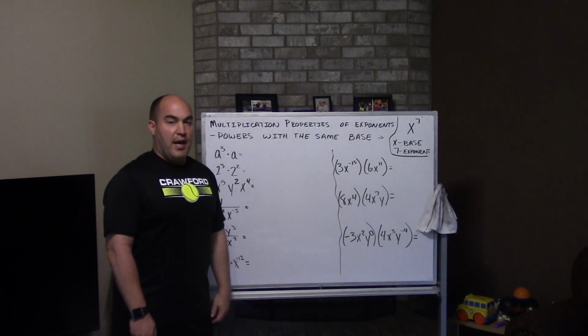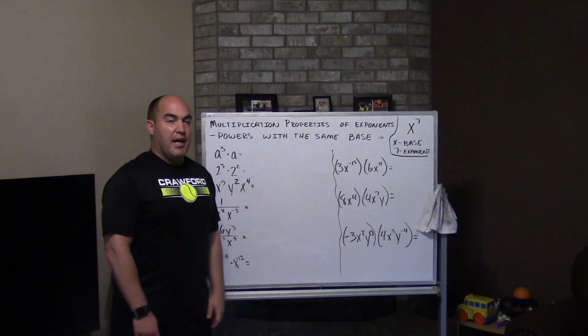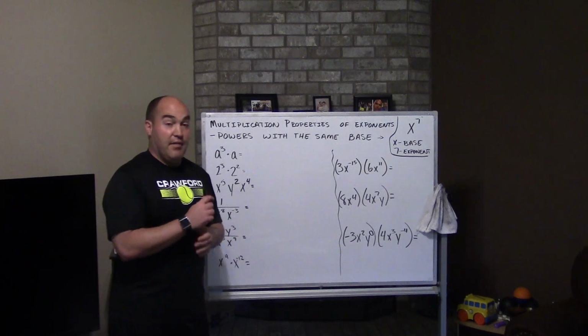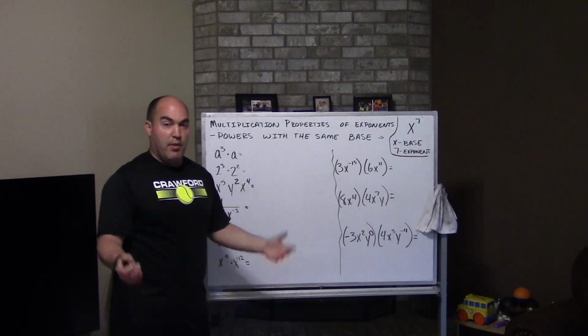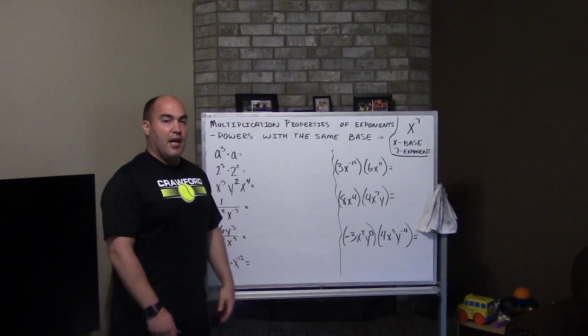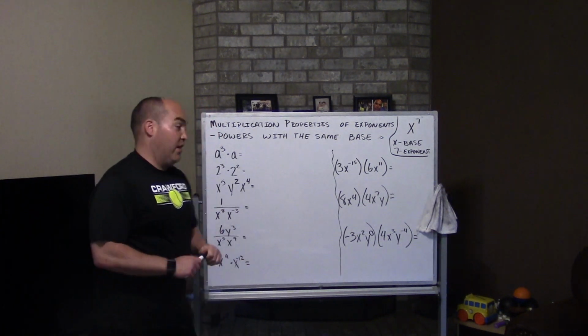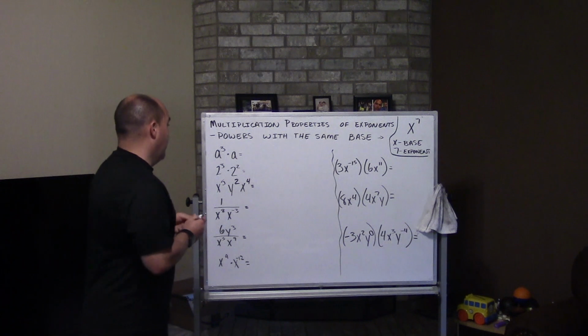So if you're multiplying two variables and they have the same base, it doesn't even have to be a variable, it could be any exponent. If it's got the same base, then we can do this little shortcut. It's pretty awesome. So I'm going to show you what it is.